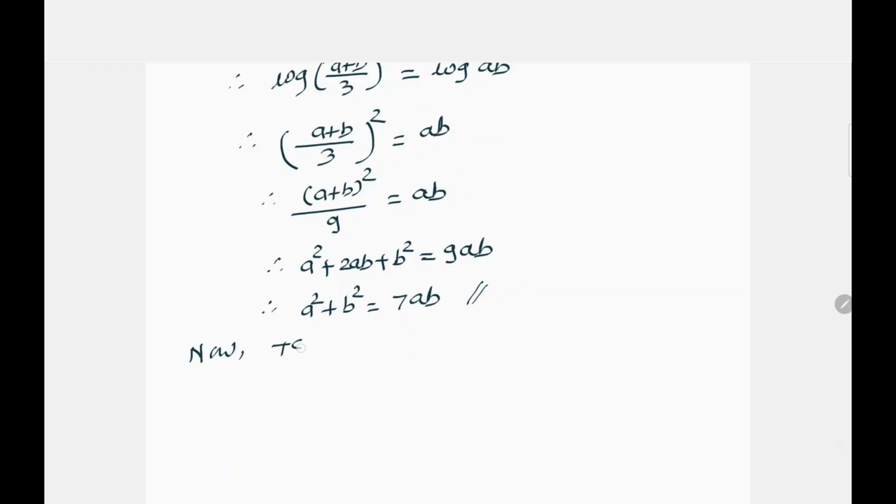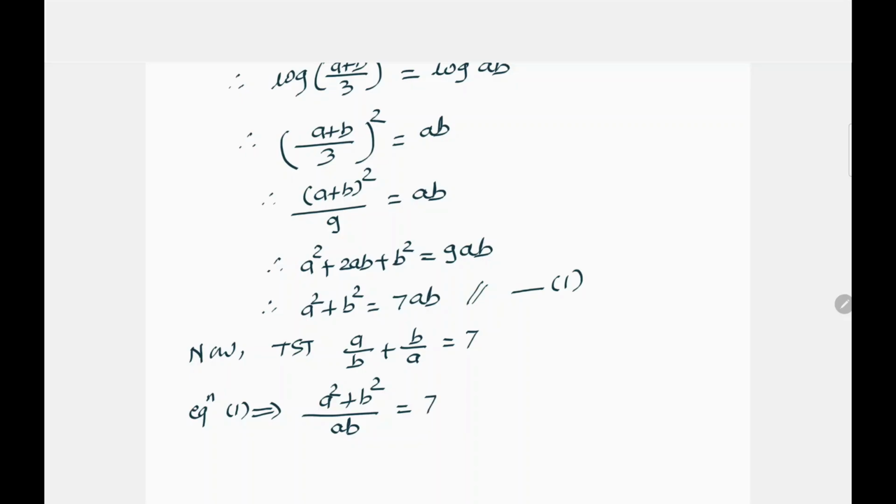Now to show that A upon B plus B upon A is equal to 7, from this equation, we consider that equation as 1. So equation 1 implies we write A square plus B square whole upon AB is equal to 7.